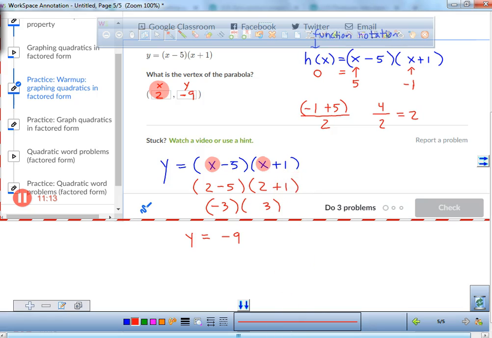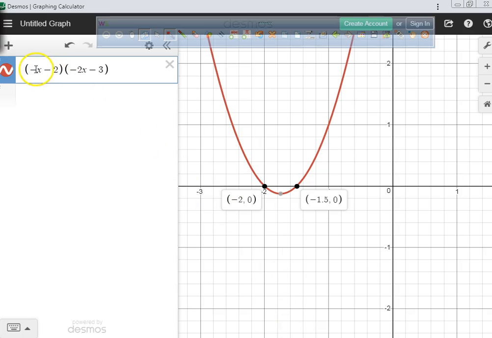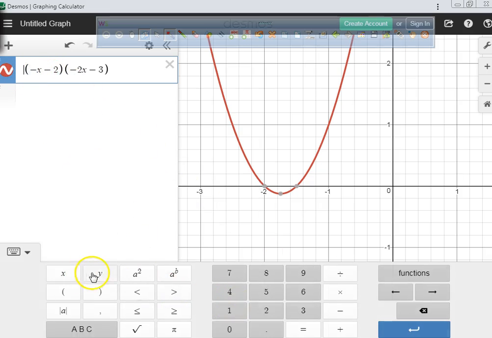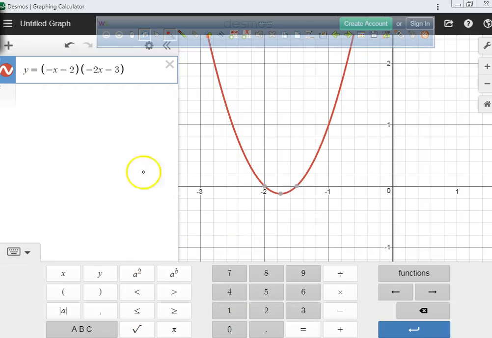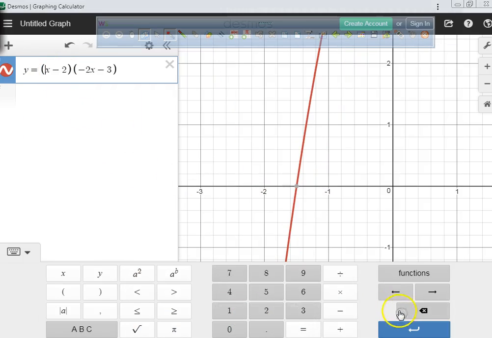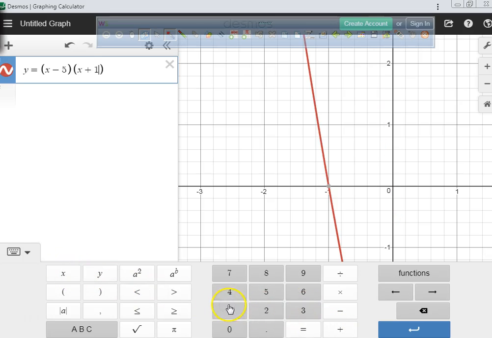And that's how you do it by hand. Okay? Alright. Here's how you do it by Desmos. You say y equals, alright, go over here, x minus 5, x plus 1. So I'm going to go over here and do x minus 5, okay. Over here I'm going to type in x plus 1.